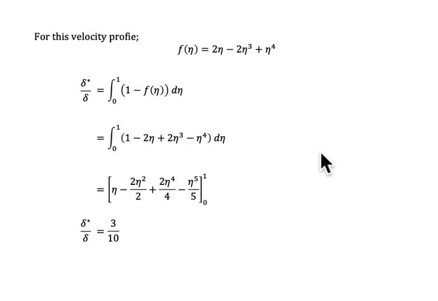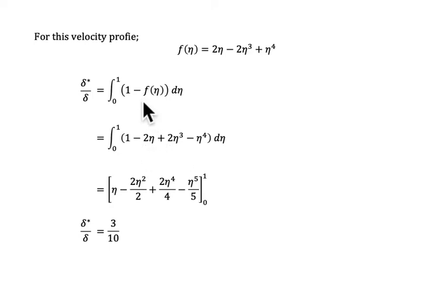Let's say this is our velocity profile, 2 eta minus 2 eta cubed plus eta to the power of 4. We need to determine the value of delta star over delta. So we substitute the function of eta given in the question here.